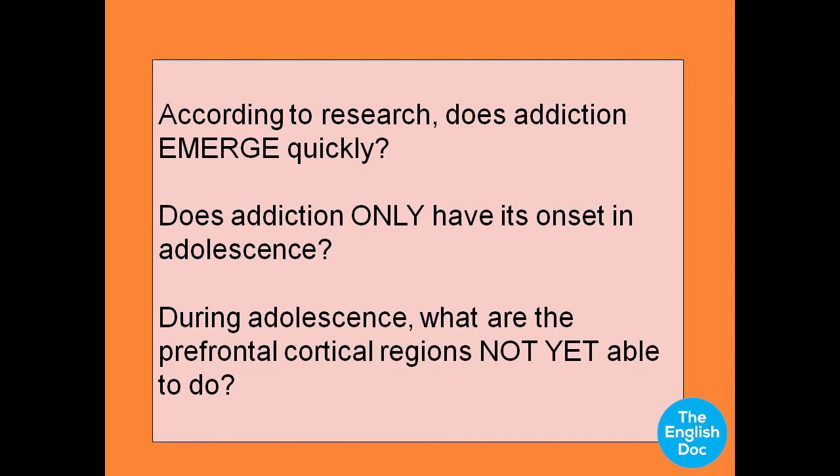Does addiction only have its onset in adolescence? Not only, but predominantly. During adolescence, what are the prefrontal cortical regions not yet able to do? They cannot yet regulate emotion.